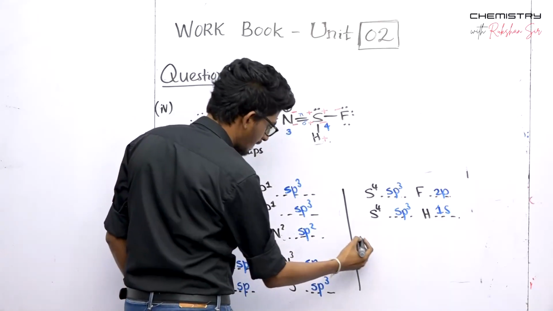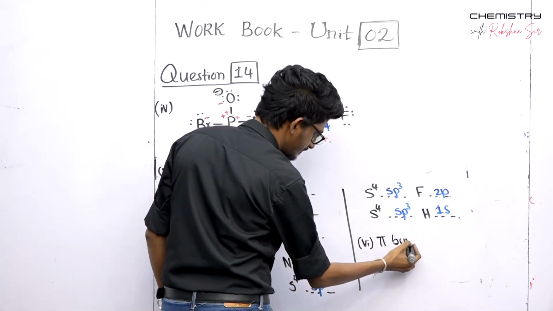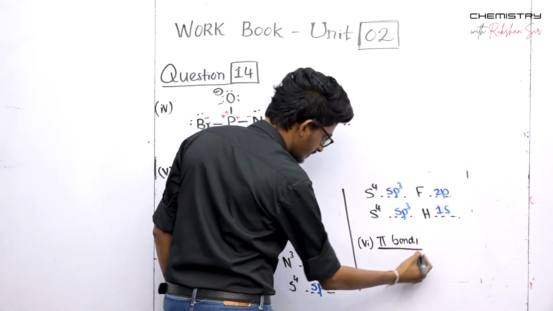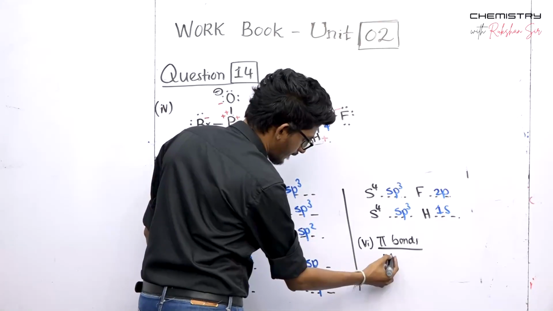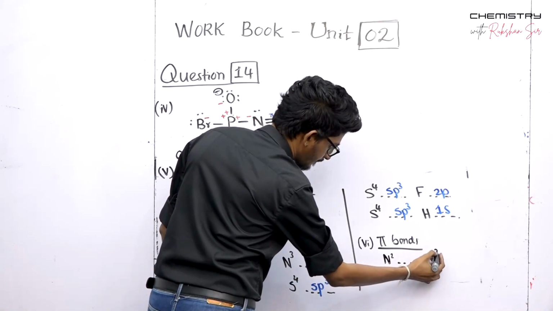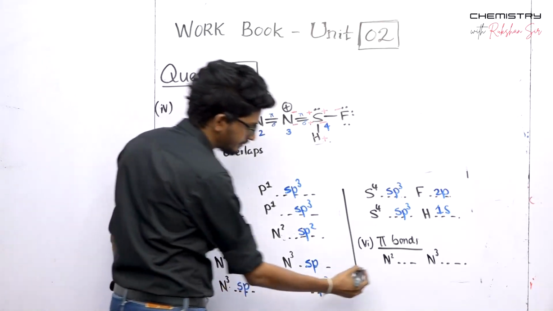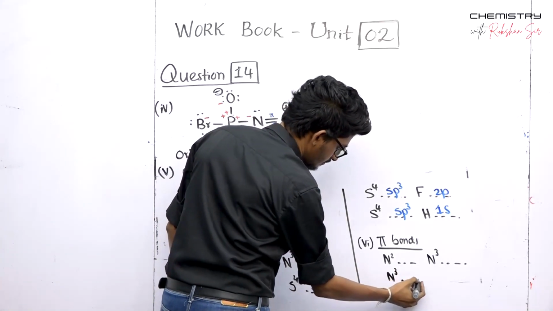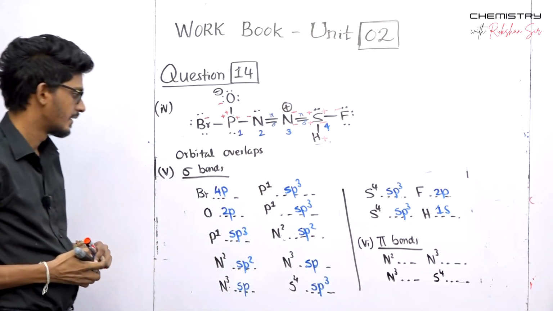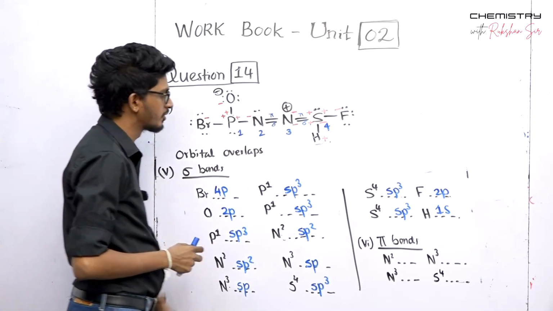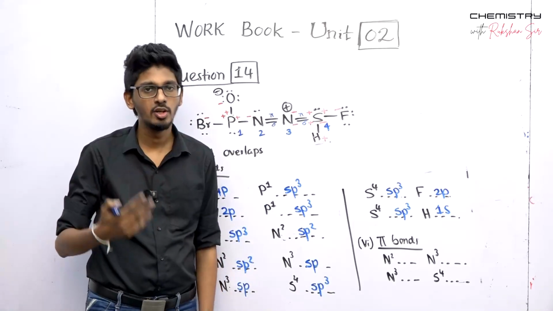Quickly come up with the pi bonds as well. For the pi bonds, we have a pi bond between N2 and N3, and we have another pi bond between N3 and S4. For the pi bonds, always the p orbitals or the d orbitals can be used.